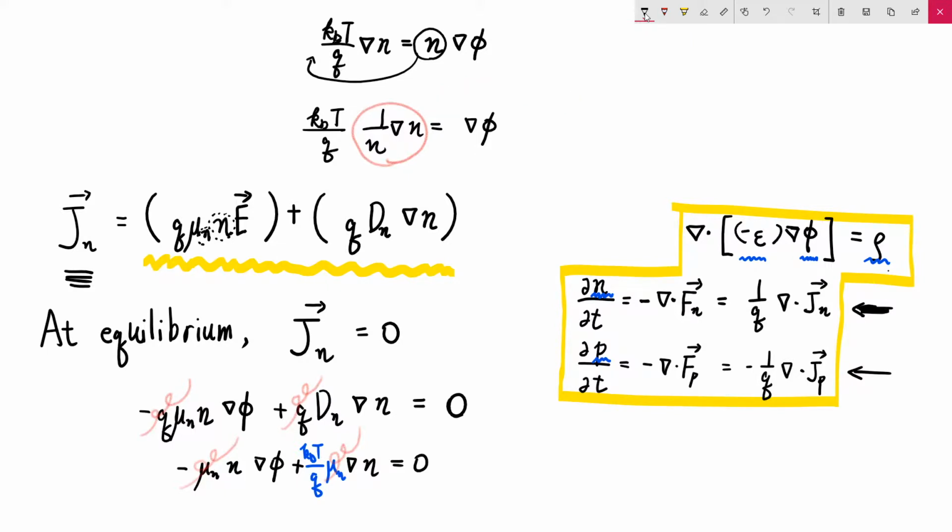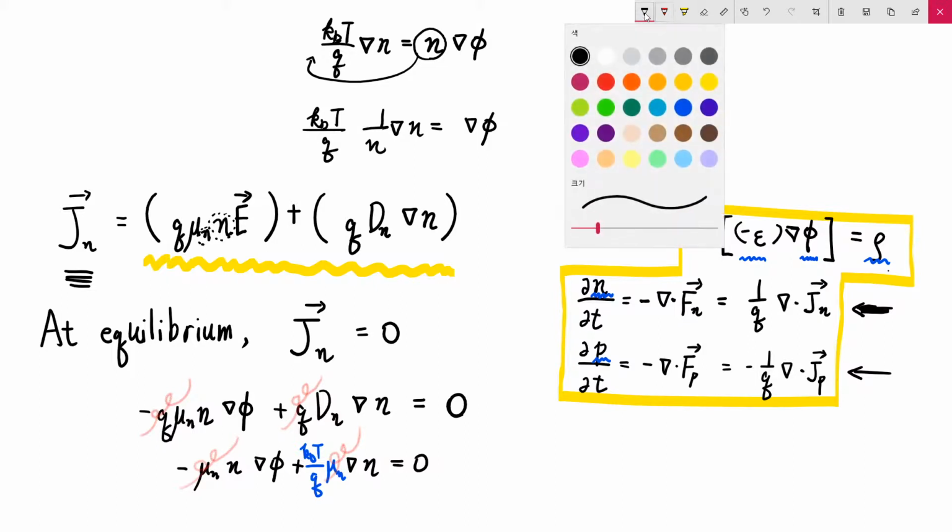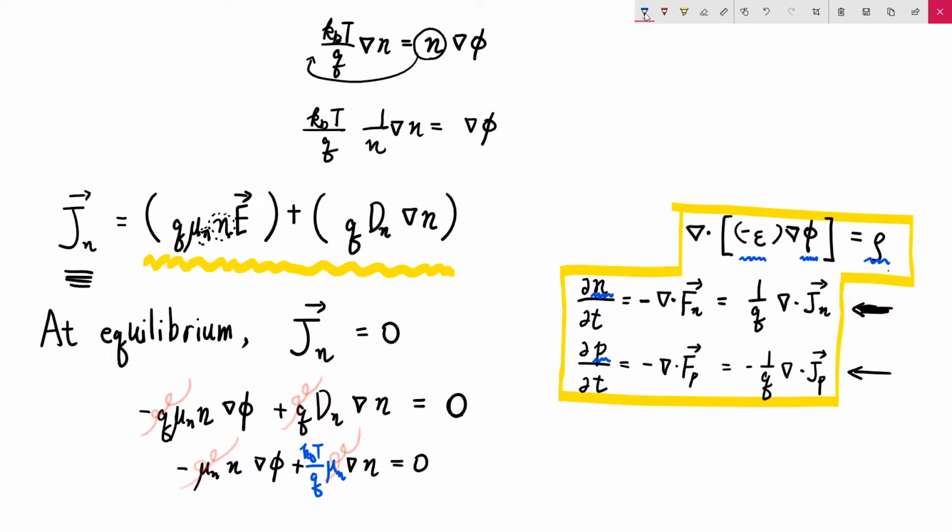So simply speaking, the entire equation can now be written in this form: the gradient of log n equals the gradient of our potential divided by kBT over q.